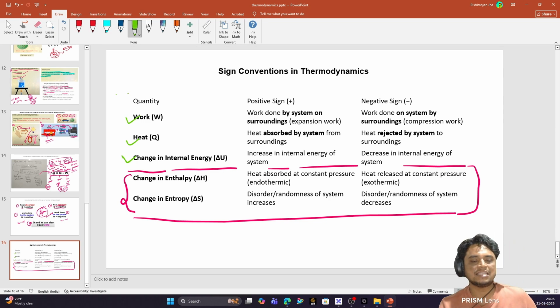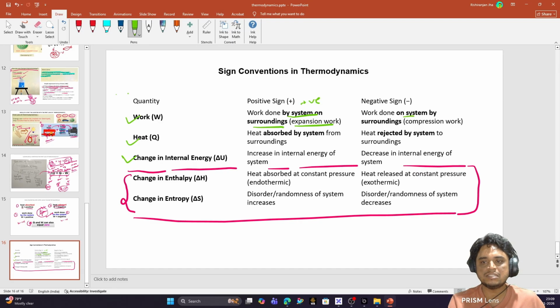As explained previously, if the work is done by the system on the surrounding, expansion work basically, it is considered to be positive. And if the work is done on the system by the surrounding, the compression work, the work done is negative.